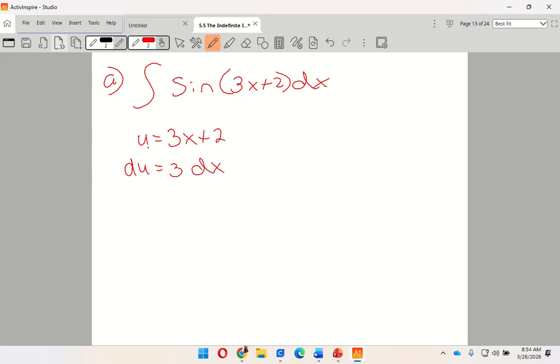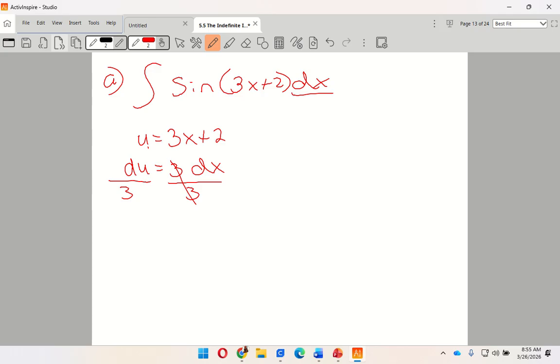Now, in my substitution, I want to substitute and only have u's now. I've got to get rid of my x's. dx also counts as something I have to get rid of, because I want to take the integration in terms of u now. So I'm going to divide both sides by 3. I'm going to replace that equal sign. This is important.